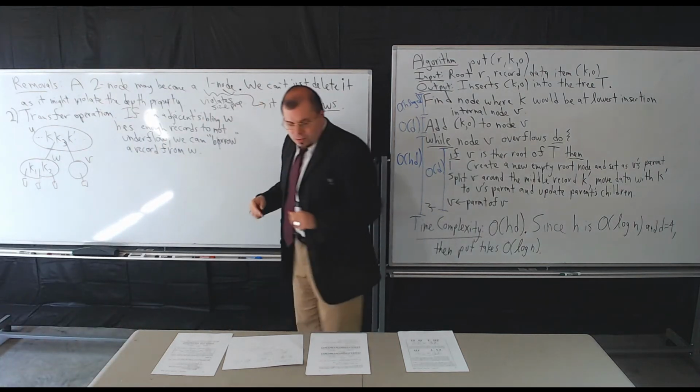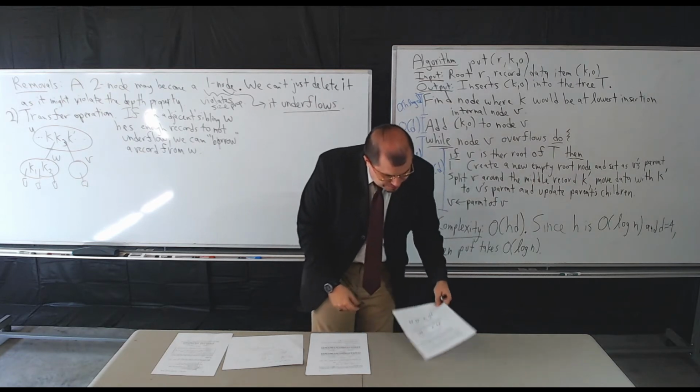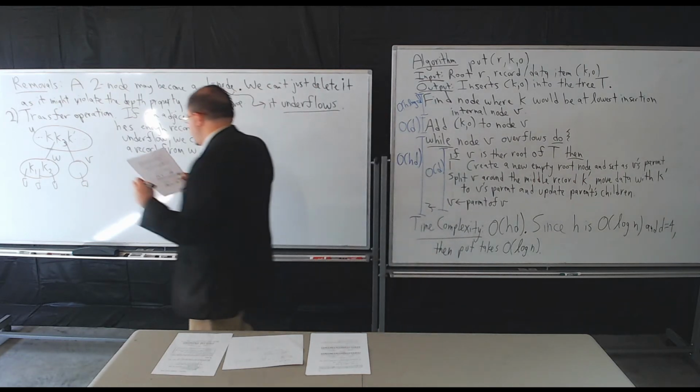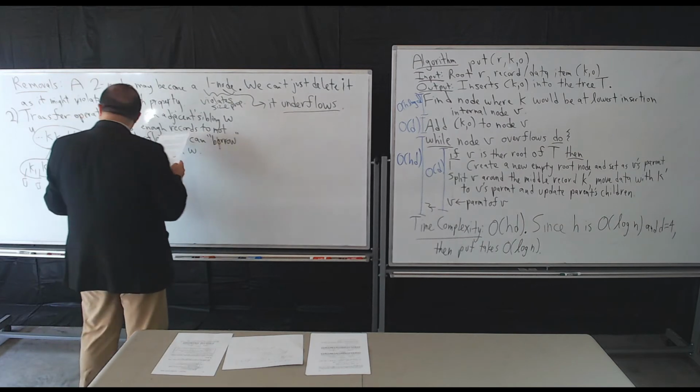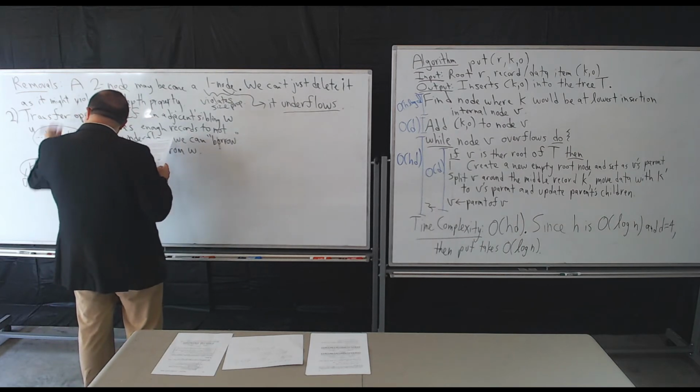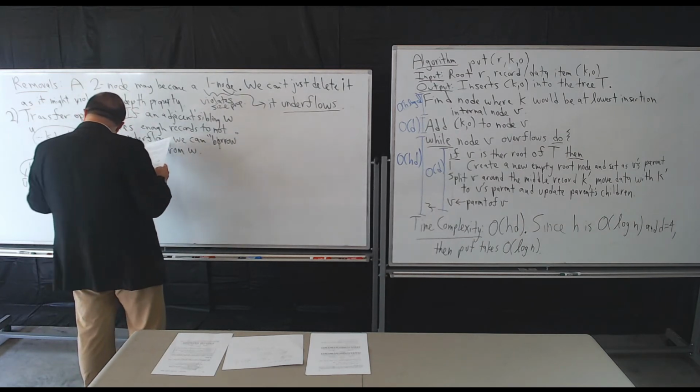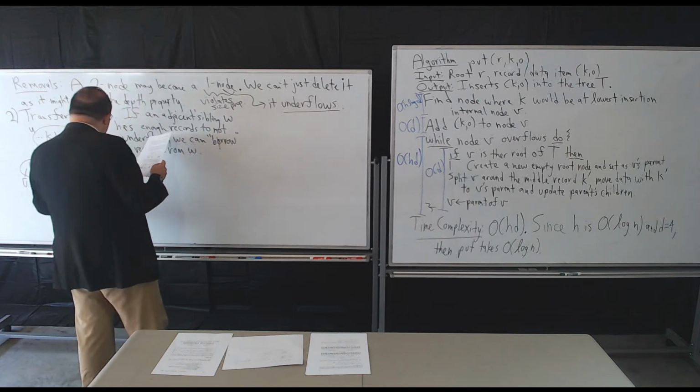So what is that going to look like? So we're going to move the appropriate child up, and then we're going to bring one down from the parent using a transfer operation.